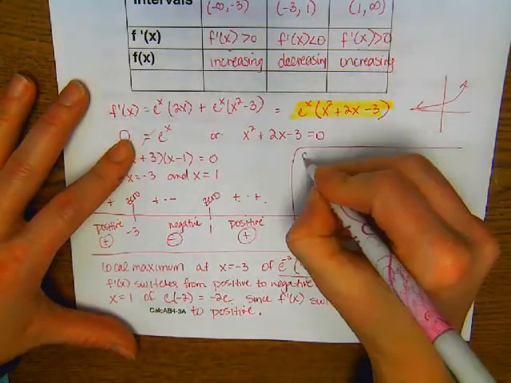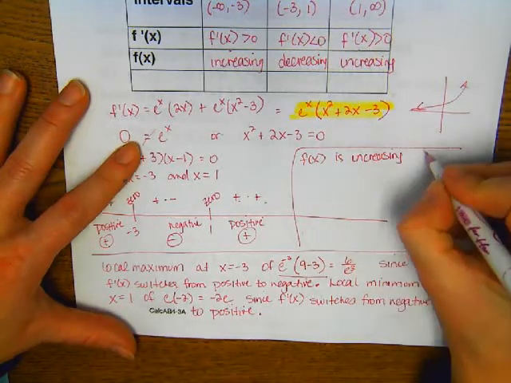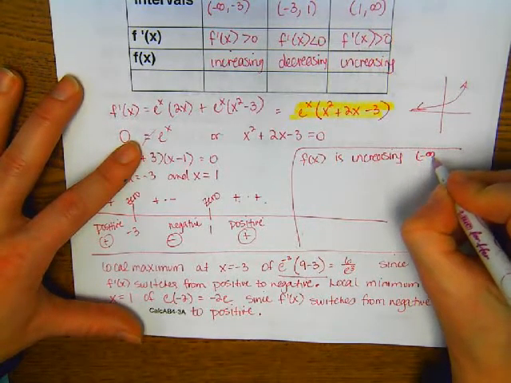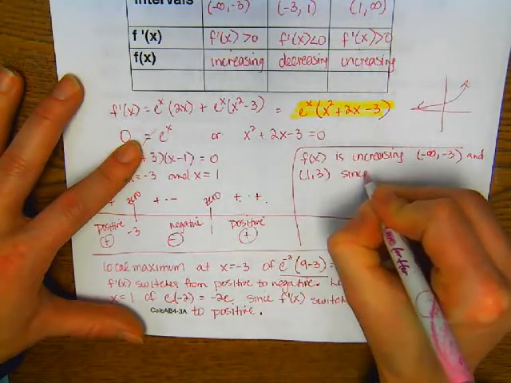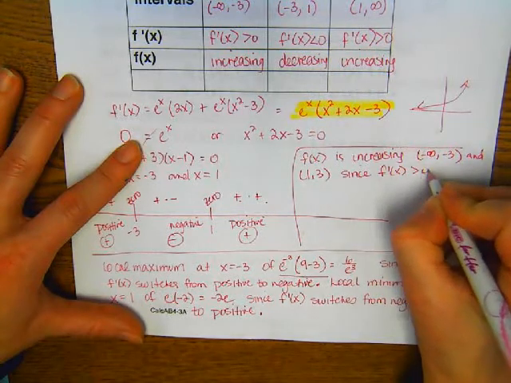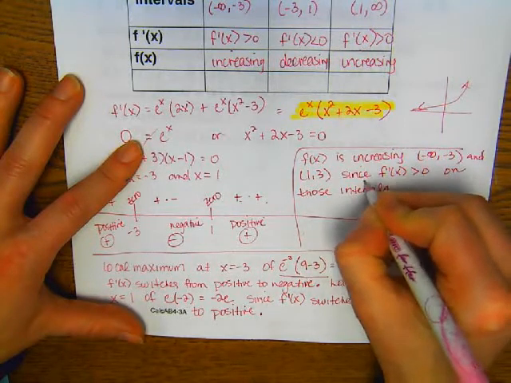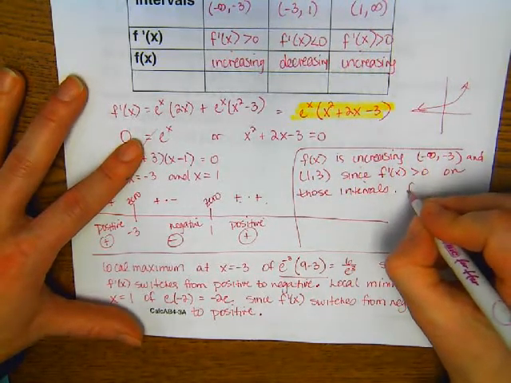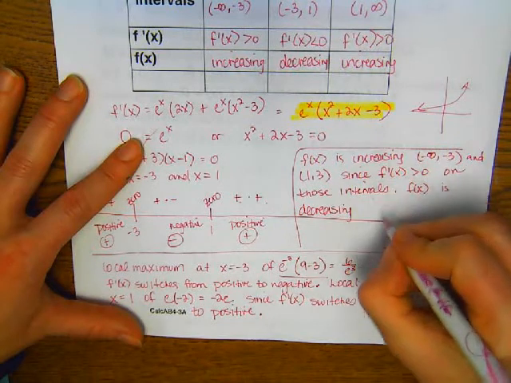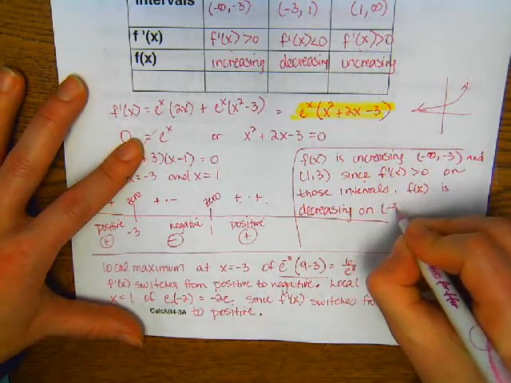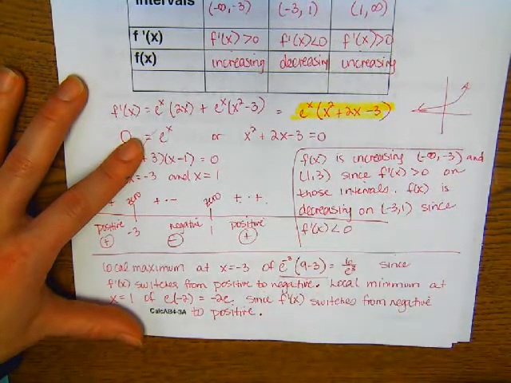I would say f of x is increasing when x is from -infinity to -3 and 1 to 3, since f prime of x is greater than 0 on those intervals. f of x is decreasing on the interval -3 to 1, since the derivative is negative on that interval.